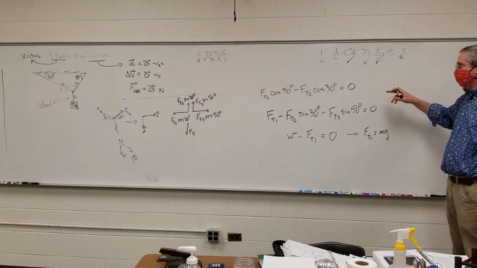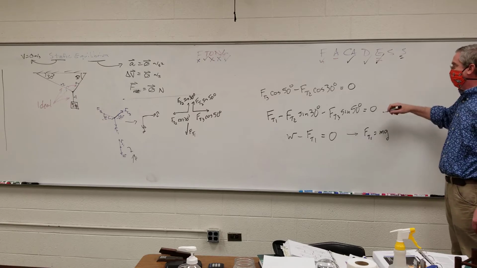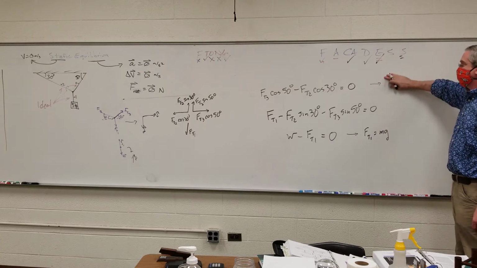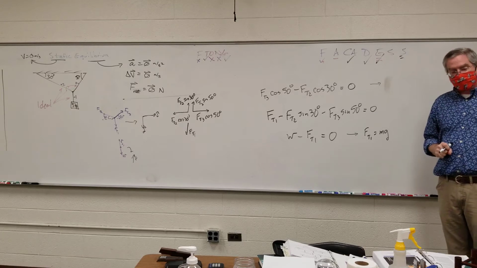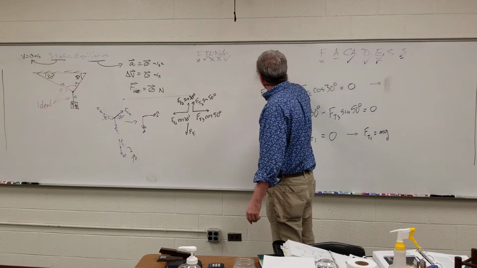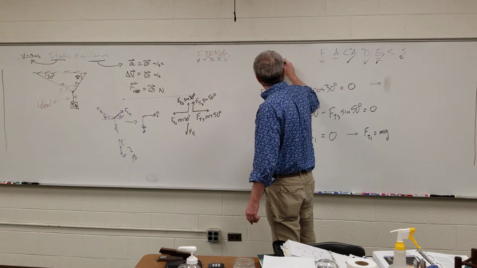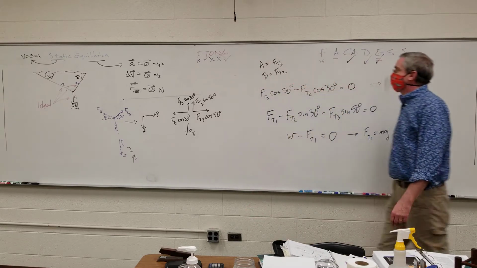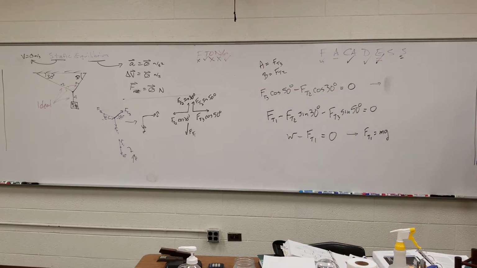All right, so now we are left with, well, let me plug that in there. So we have tension 3. Now, the more I write, the more chances I am going to make a mistake. So what I'm going to do is use A for tension 3 and B for tension 2. You don't have to.